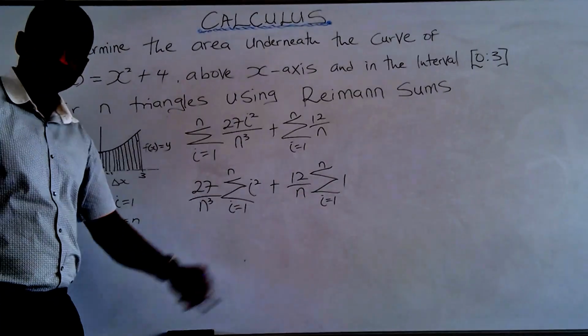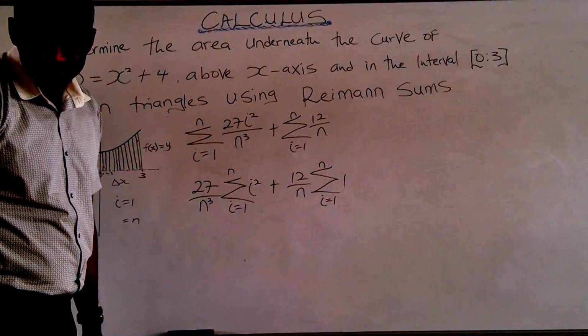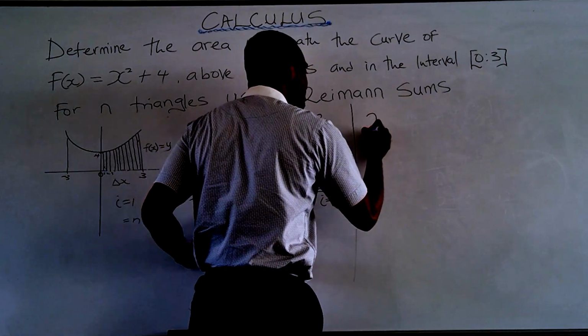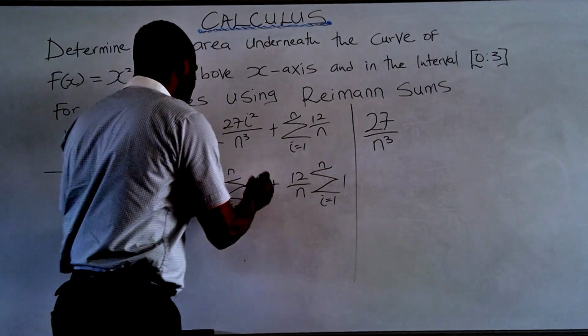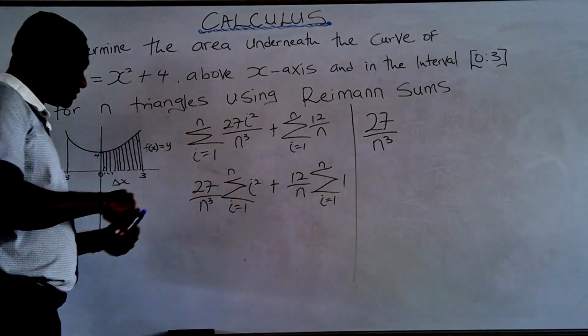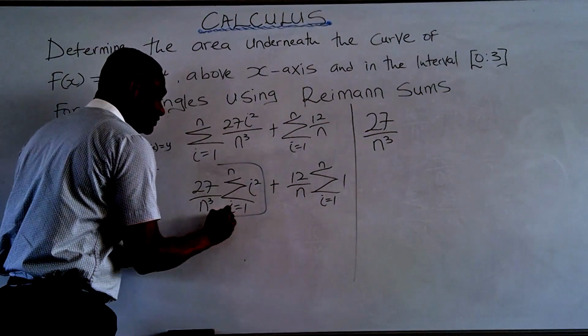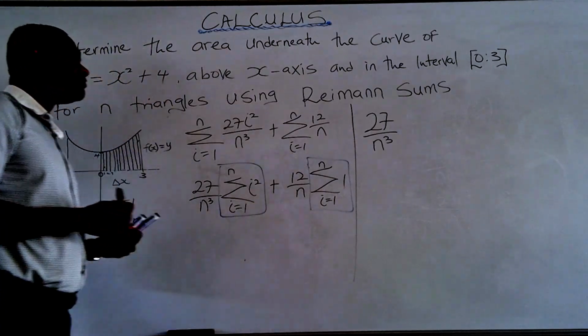Now the summation of i squared from the formula sheet is given, so we replace it. So we will have 27 over n cubed, and the summation of this, the whole of it, will be replaced because it has been predefined, the same thing to this. So we will replace those.